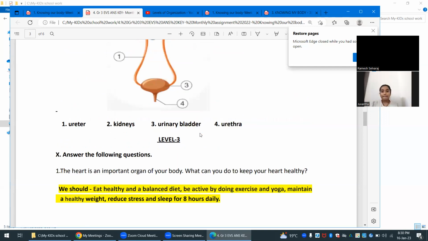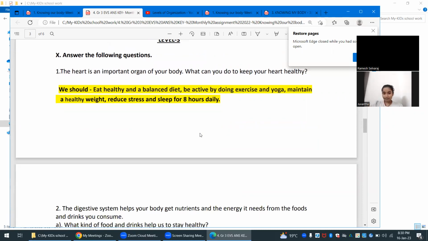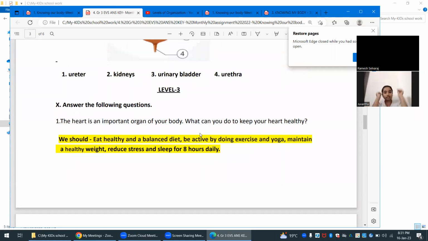And also reduce stress. Be active during exercise, yoga. Maintain a healthy weight, reduce stress, and sleep for 8 hours daily. Minimum 8 hours to have a healthy heart. You don't count while sleeping, but note down the time you start sleeping and when you wake up.